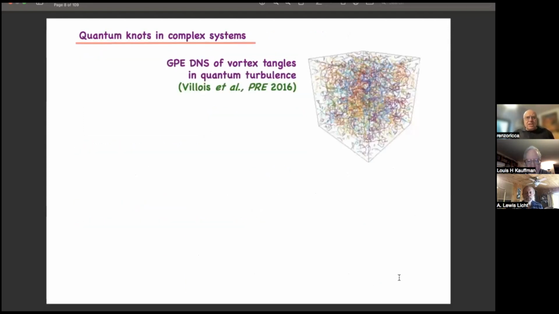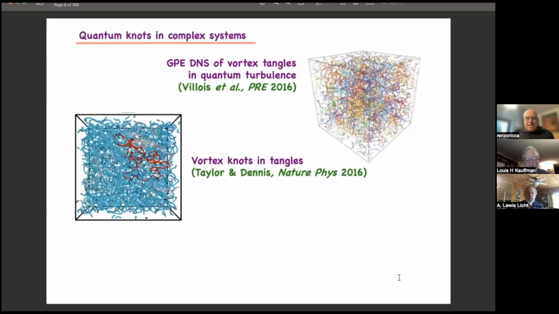Now, I want to justify why we care about quantum knots. Well, quantum knots have been found since people started to have a close-up view of turbulence, of quantum turbulence. This is a picture from direct numerical simulations of vortex tangles.